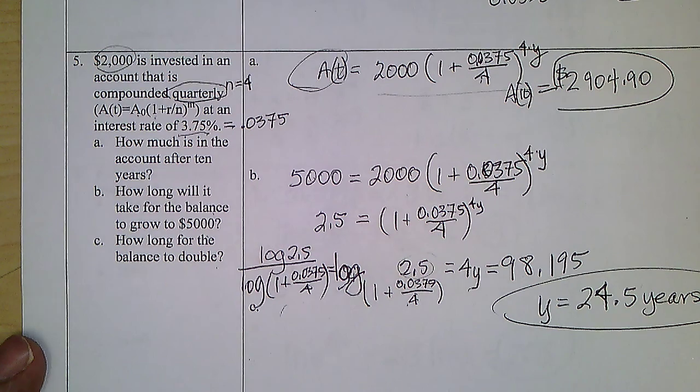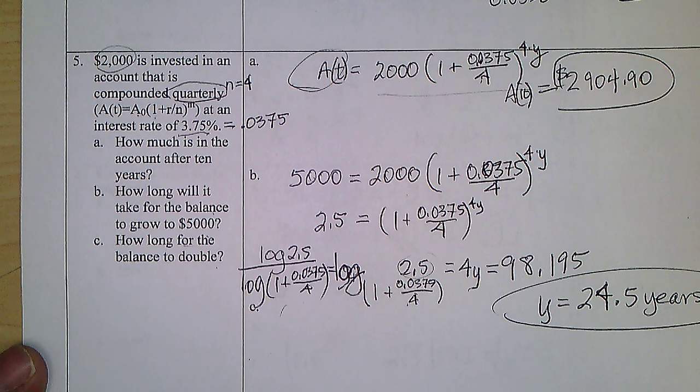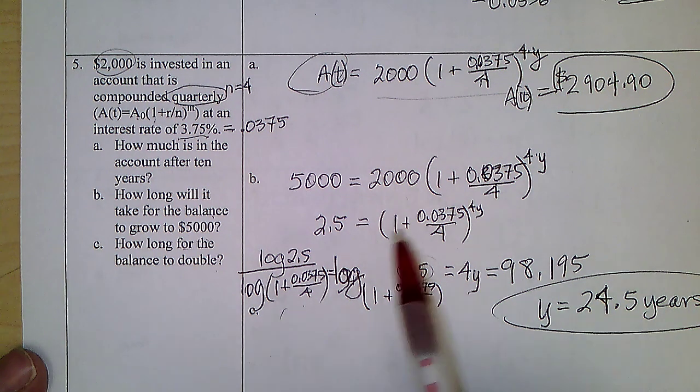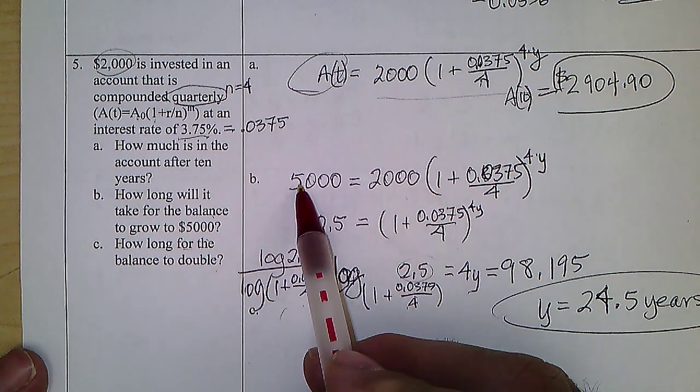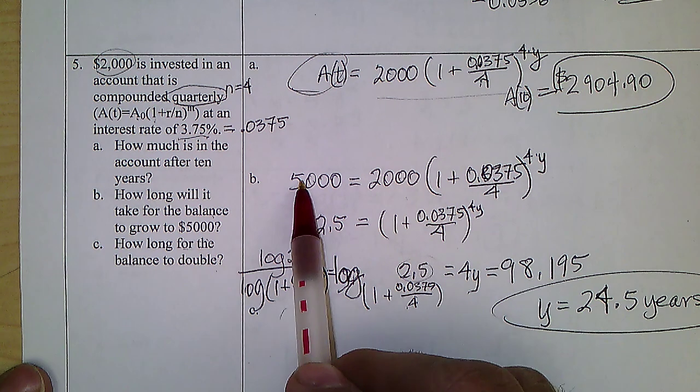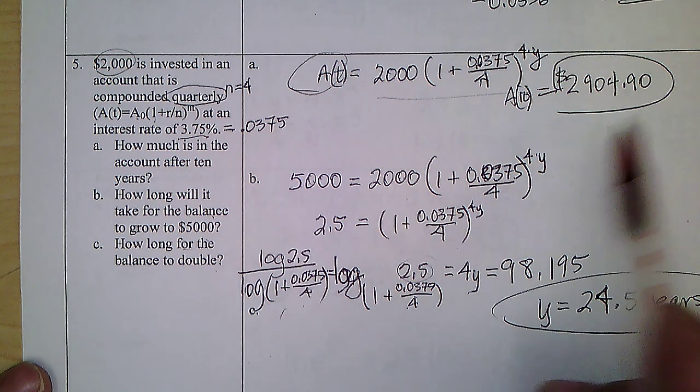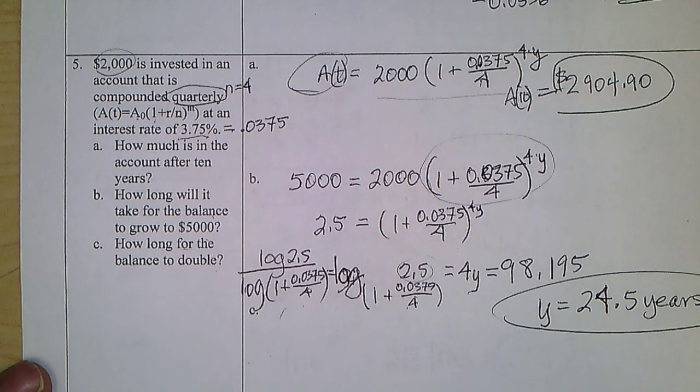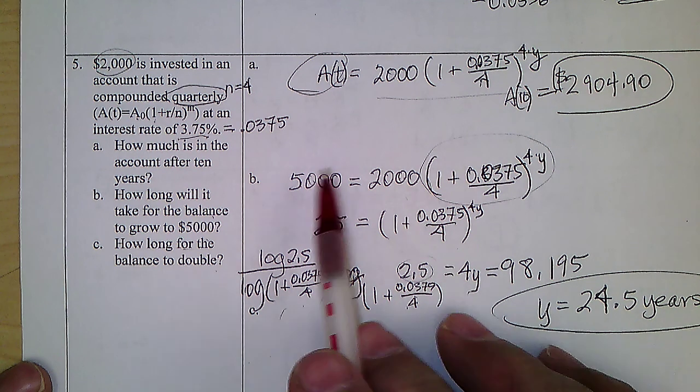And the last one, how long for the balance to double? So that means if I start with 2,000, this needs to be 4,000. Or the number I'm multiplying has to be 2. 2 times this would be double.